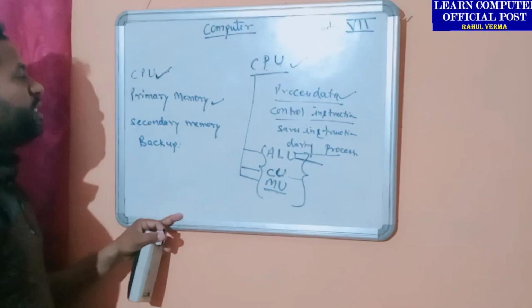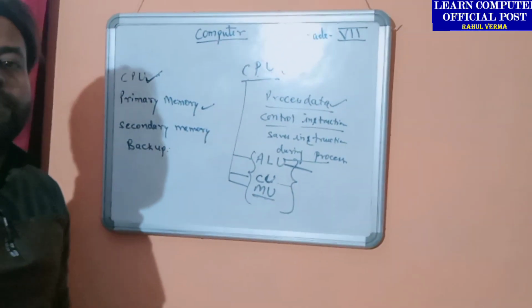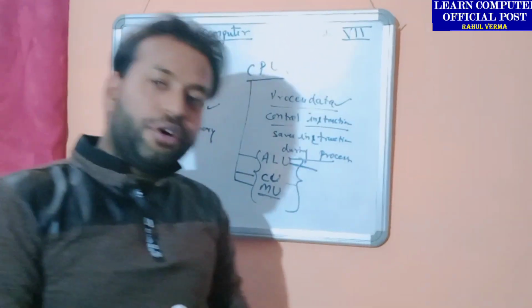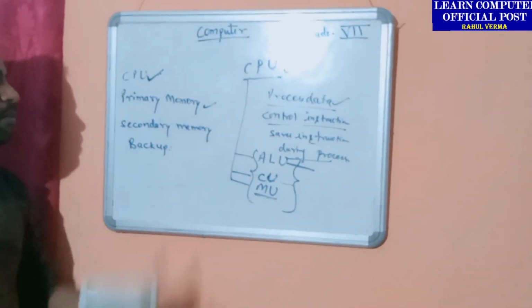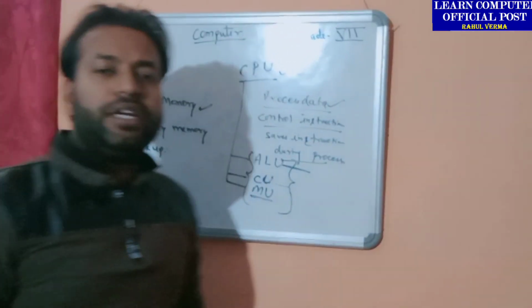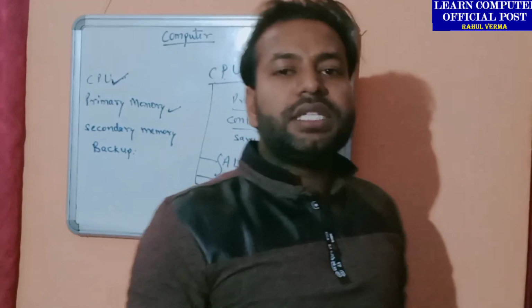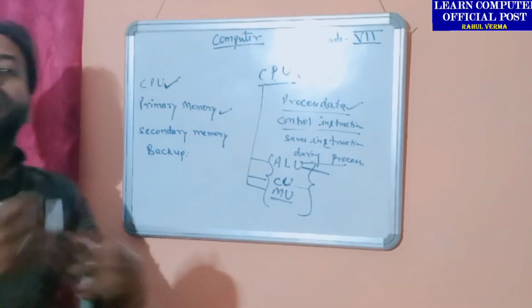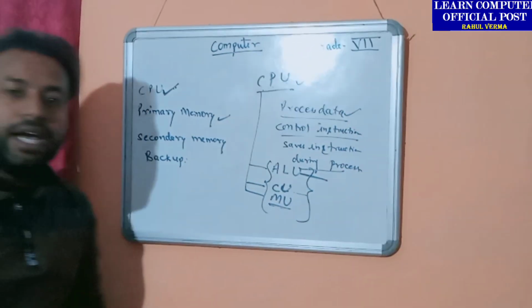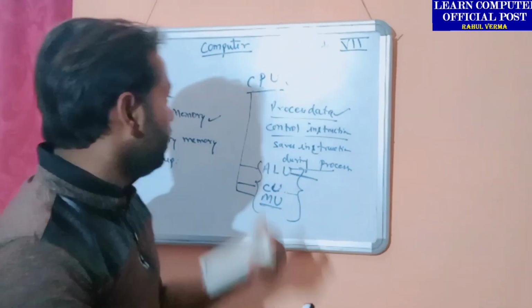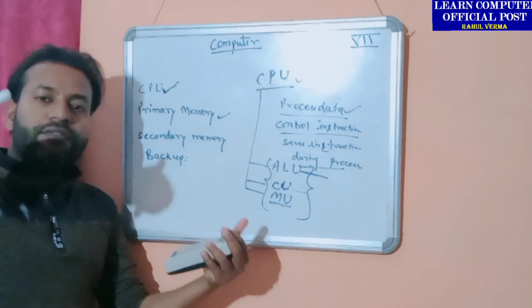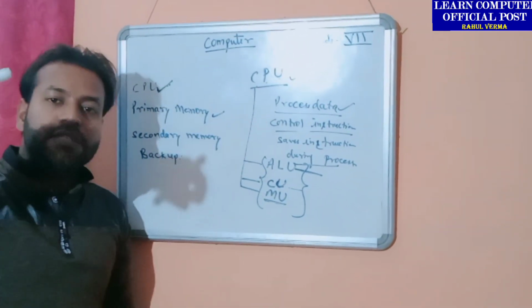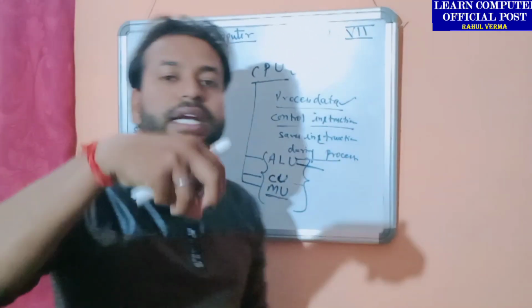So now the next point I am going to cover is primary memory. Before telling you about primary memory, I would like to tell you about memory. What is memory? Memory is a place where the user can store his or her data in electronic signal. In computer, whatever data we save, every data will be saved in the form of electronic signal.